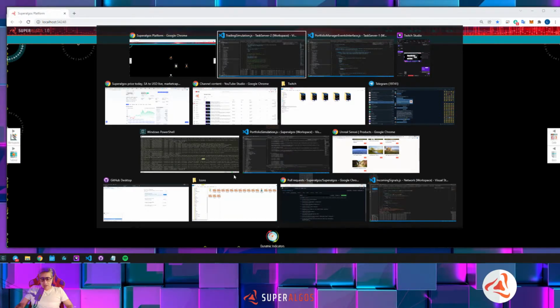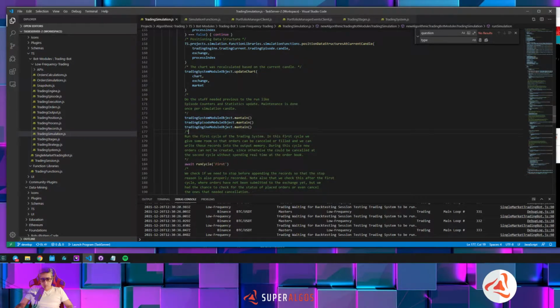So let me grab that stuff. Where can that be? Mm, so we are talking about the session when we ran the trading session.